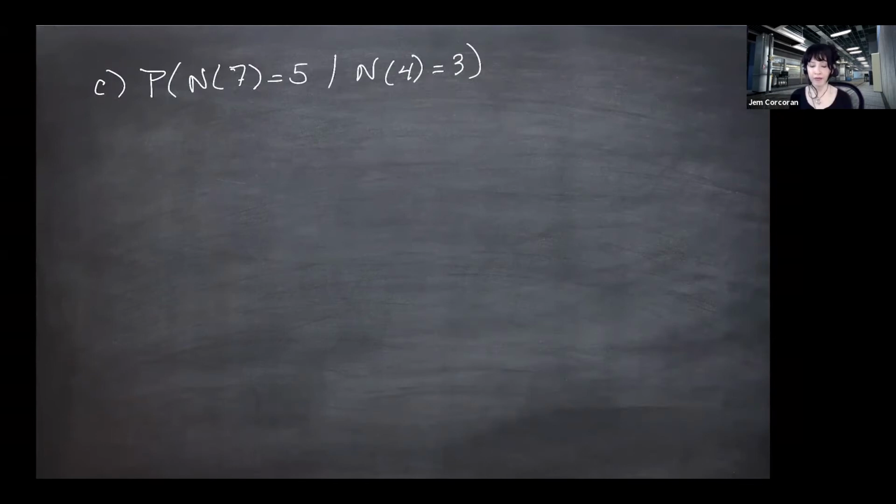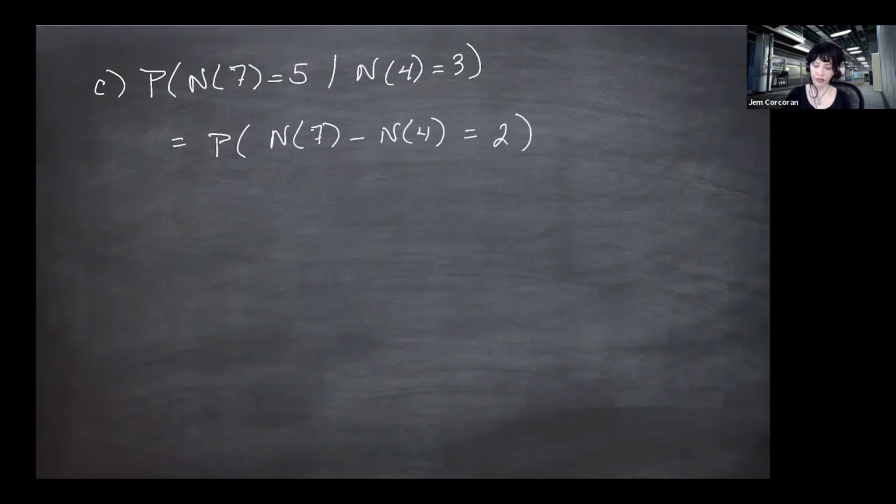So I claim that this is just the probability that N of 7 minus N of 4 is 2, right? So the picture, I have 1, 2, 3 arrivals at some time 4, and then I want to look later at time 7 and see that I've had 2 more jumps.